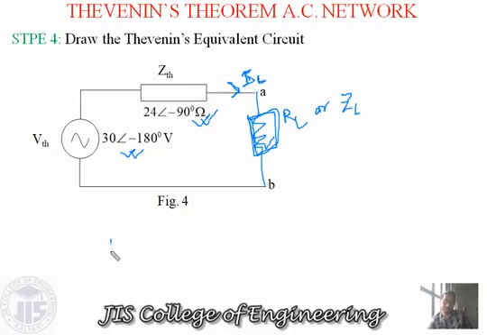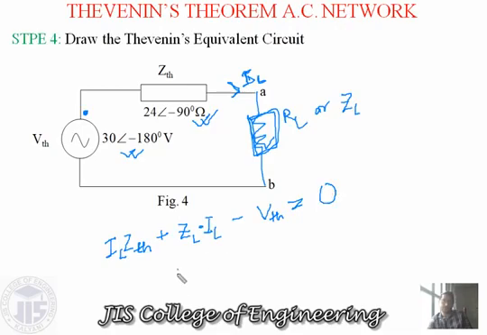We can write IL into ZTH, plus ZL into IL. Again, considering the polarity of this side, minus VTH, equals 0.